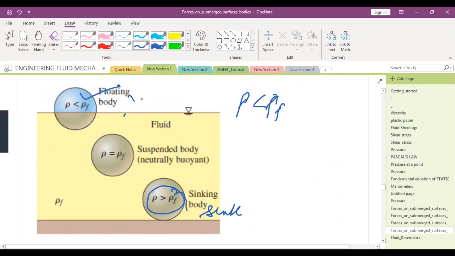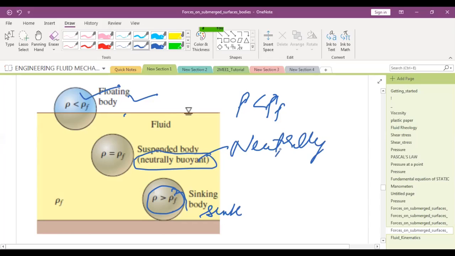So this is called a floating body. This is called a neutrally buoyant body. तो ये बहुत स्पेशल वर्ड है. And this body is what is going to the bottom because buoyant force was not sufficient.